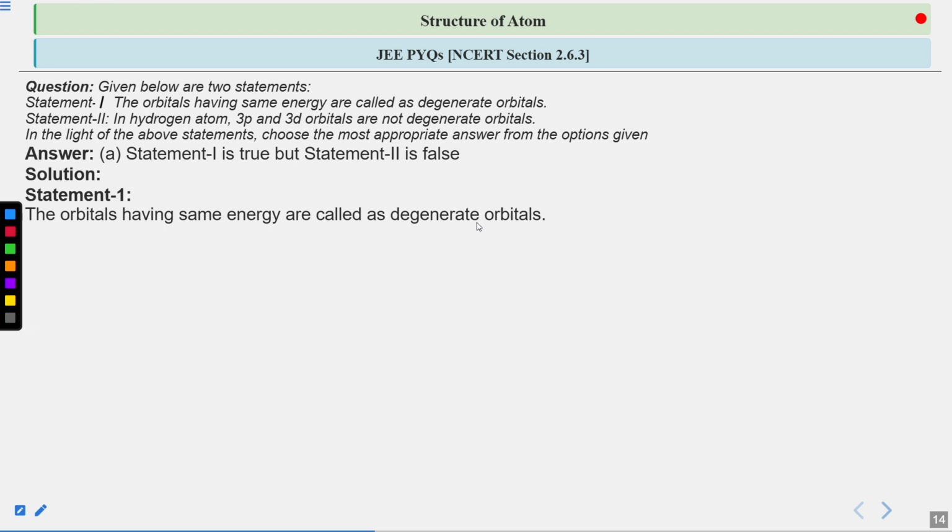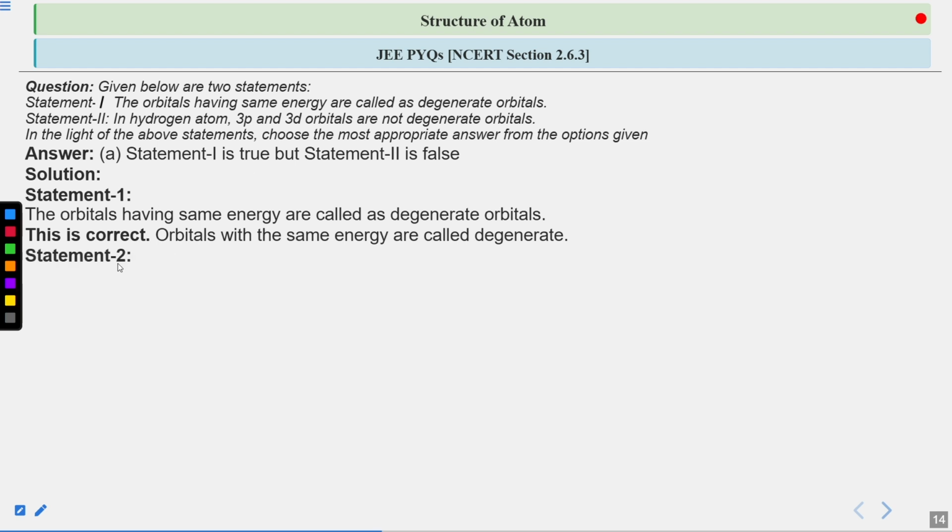Okay, this is a true statement. The orbitals having the same energy, how do you tell what the energy of the orbitals is? You can choose that by n plus l value. n is representing the principal quantum number, l is azimuthal quantum number. So the orbitals having the same energy are called degenerate orbitals.